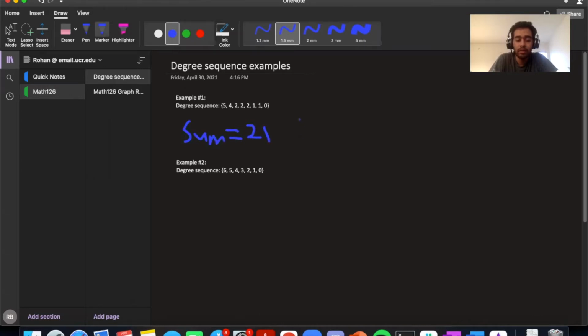And you can also notice that you can use the summation equation where the sum of degree sequences is equal to 2 times the number of edges. Dividing by 2 gives you 10.5, and of course we can't have half an edge in a graph. So just by this, we can see that it's not possible to construct a graph G.